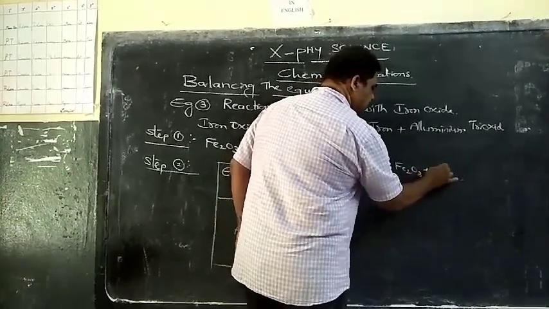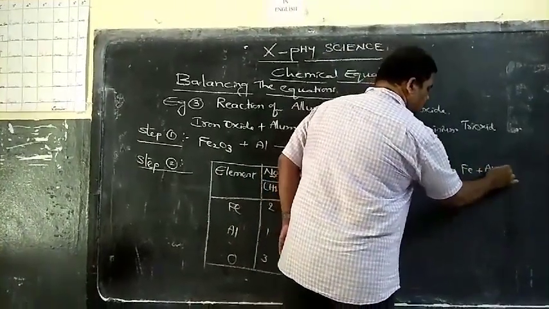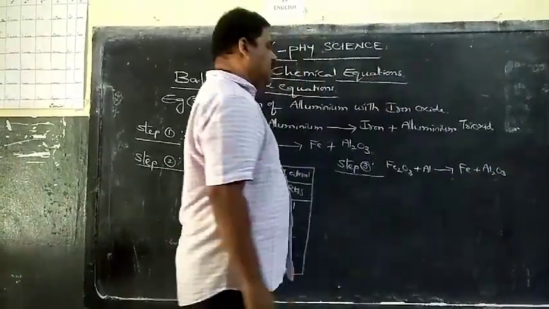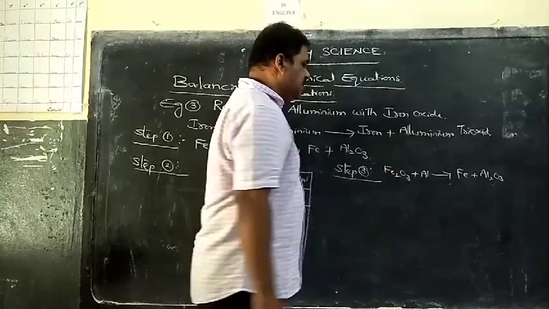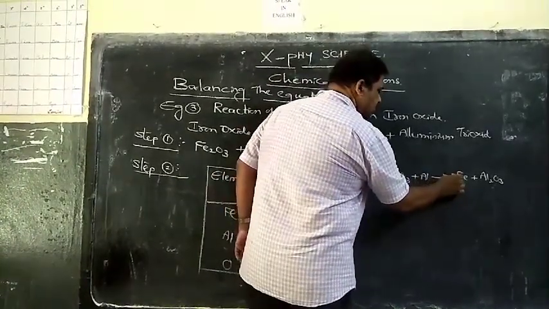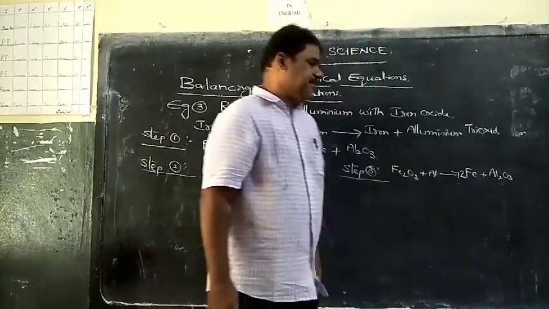Fe2O3 plus Al gives Fe plus Al2O3. See, Fe2, there are two iron atoms on the left side. On the right side there is only one iron atom, so I am multiplying by 2, so that the iron is balanced.